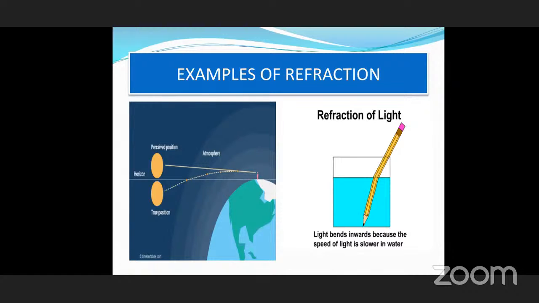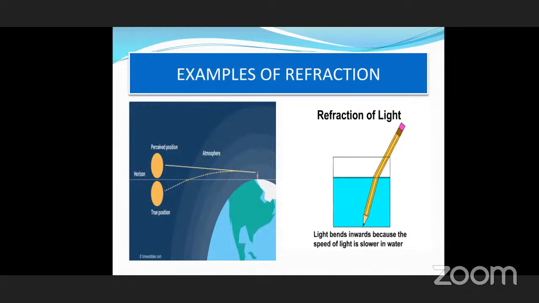As the pencil shifts in its length, it seems to be bending. How many degrees it bends, we can tell according to the refractive index of water. Similarly here, the refractive index of air with respect to vacuum is 1.00022.